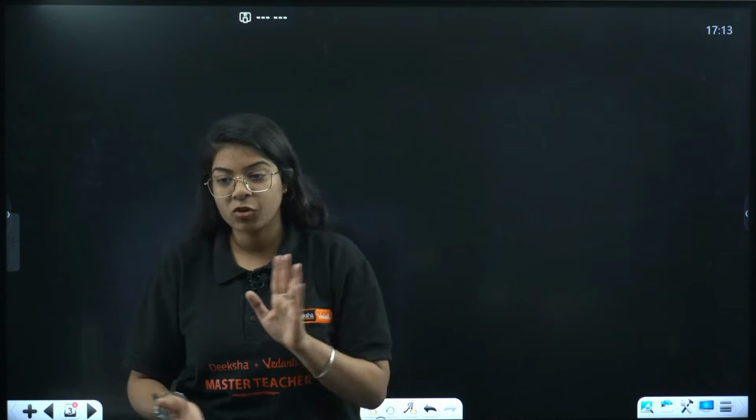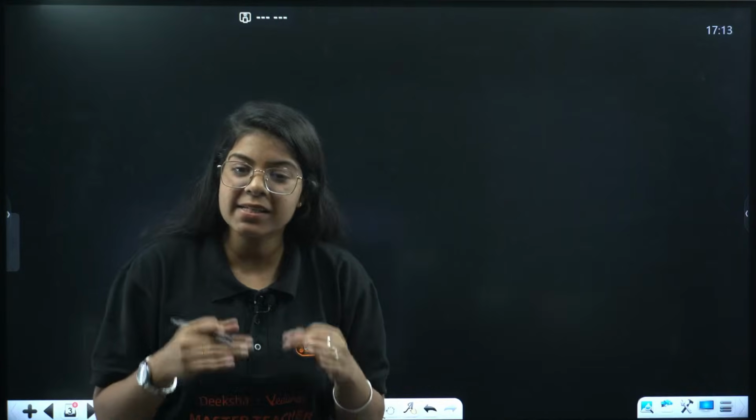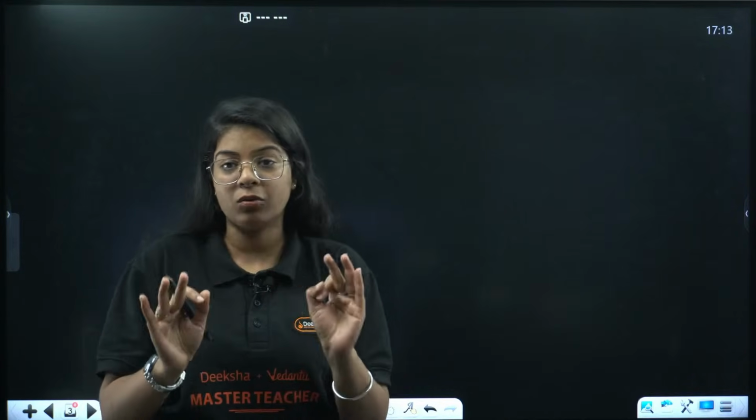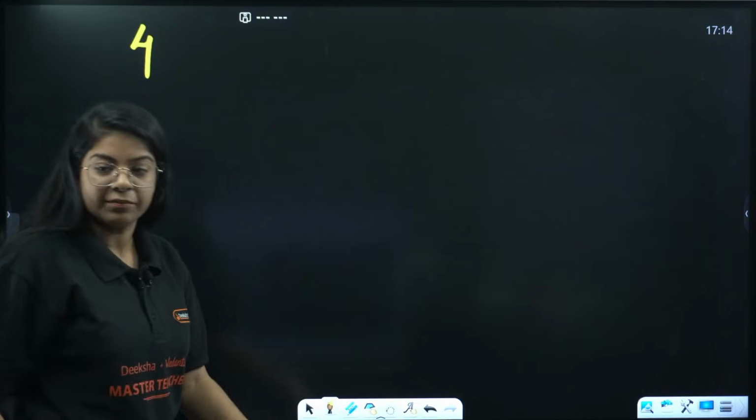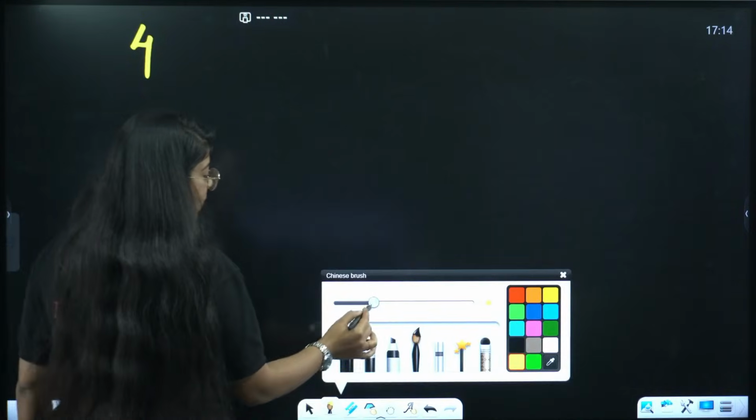Although in the exam I recommend you to practice making the mirror or the lenses without the help of a compass, because it is very hectic to use a compass in the exam just to draw the mirror, okay? So practice it again and again with your hand only, without the compass. Okay, chalo. So there are 4 optical instruments that we are going to see today. Done?